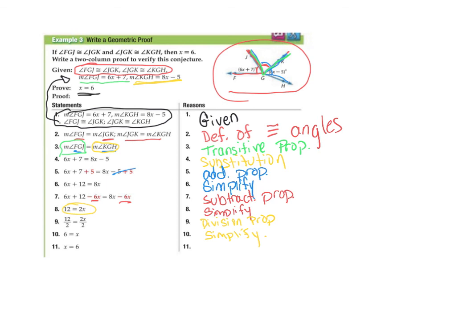However, we actually need to have a statement saying that x is on the left and 6 is on the right, because the end of this proof is whenever we get to the end goal, the prove statement. So what property or reason can let me switch the order of 6 equals x so that x is on the left and 6 is on the right? Well, that will be the symmetric property. And now our proof is done.